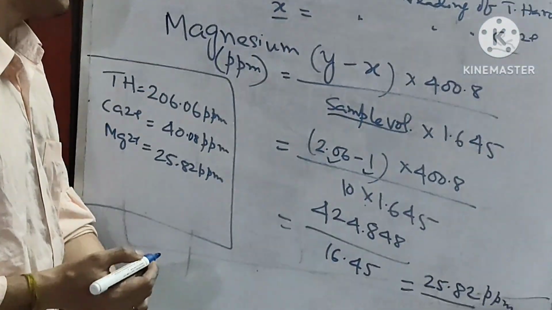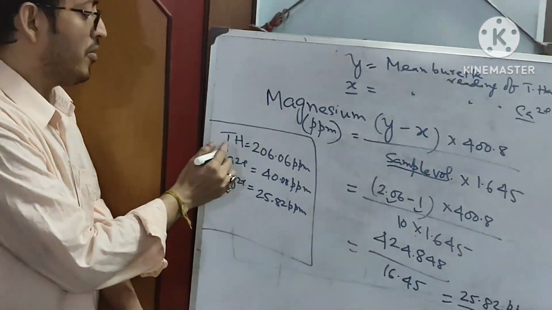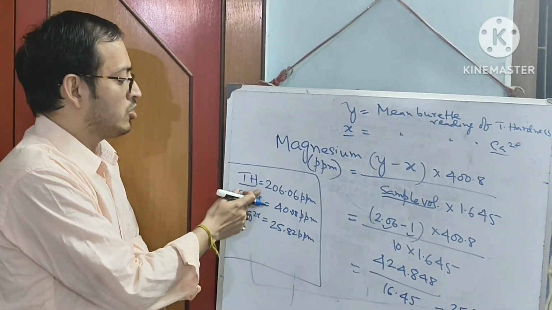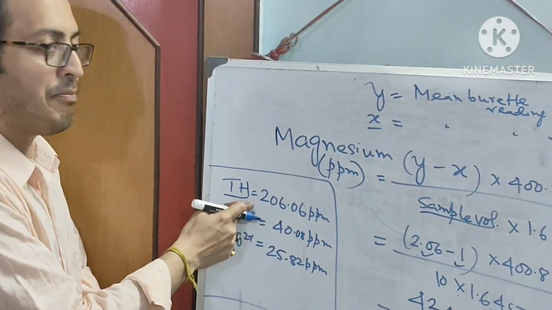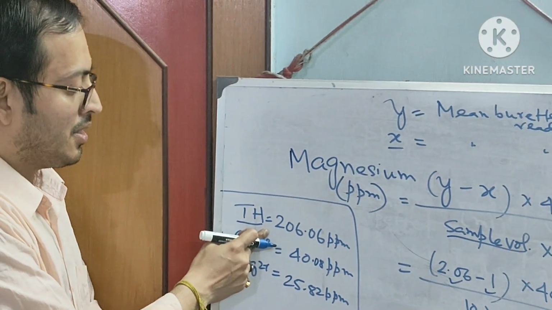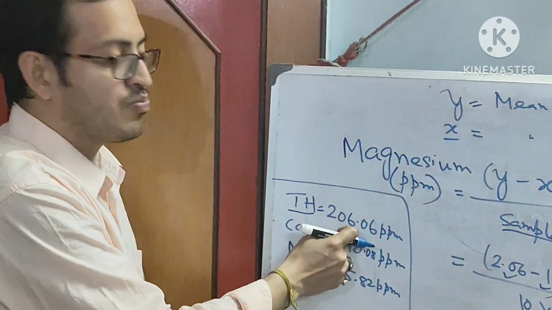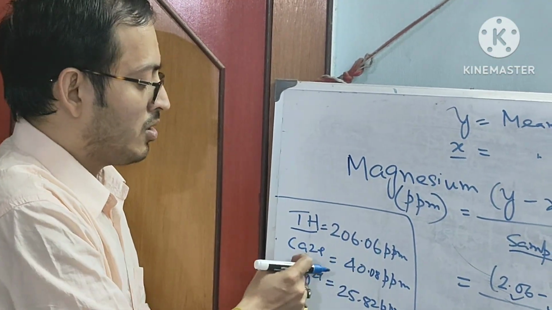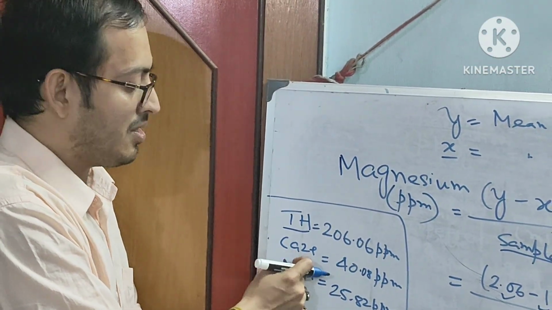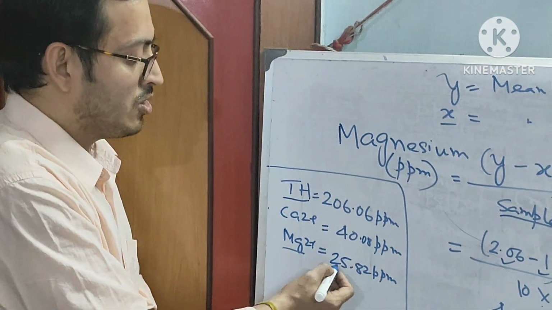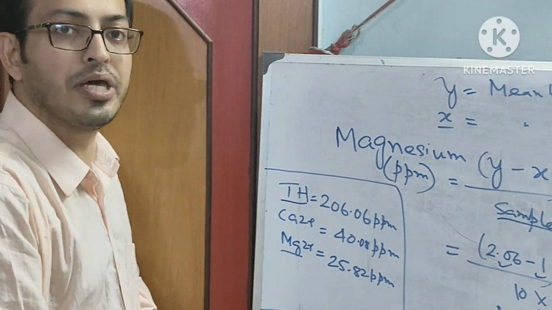Okay. So from our experiment today, we found that total hardness from our sample is 206.06 ppm. Calcium from the same sample is 40.08 ppm, and magnesium is 25.82 ppm.